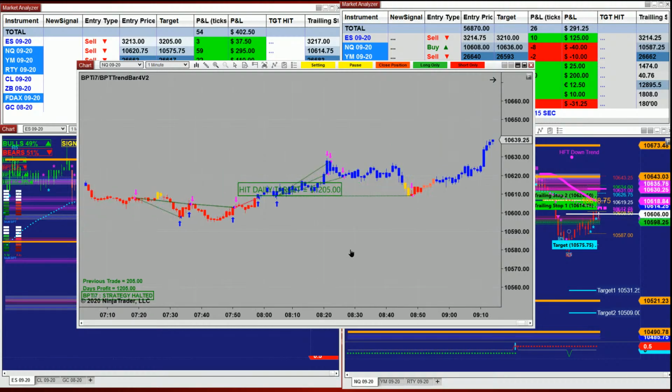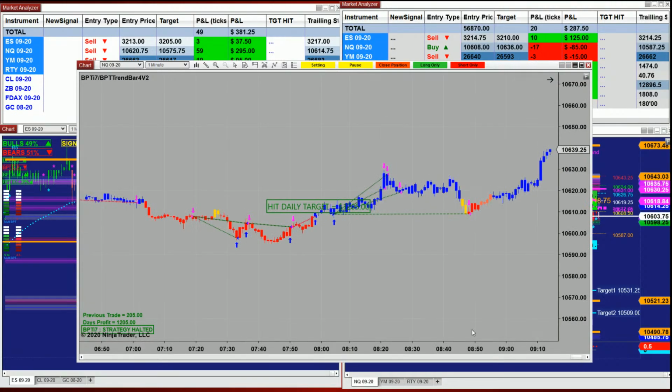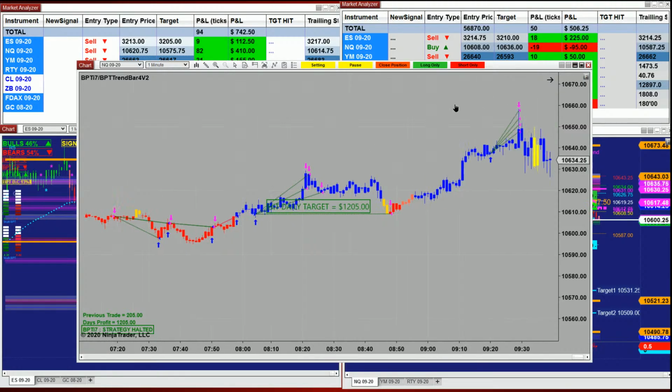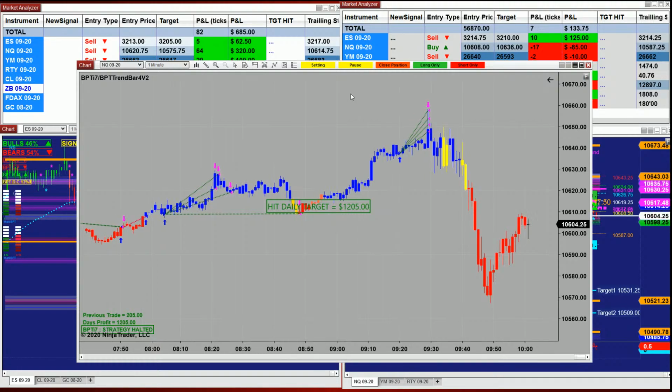So on the NASDAQ from 7 o'clock this morning, we only had one losing trade, and we did 3 rounds, and now we are gonna go for one more round.